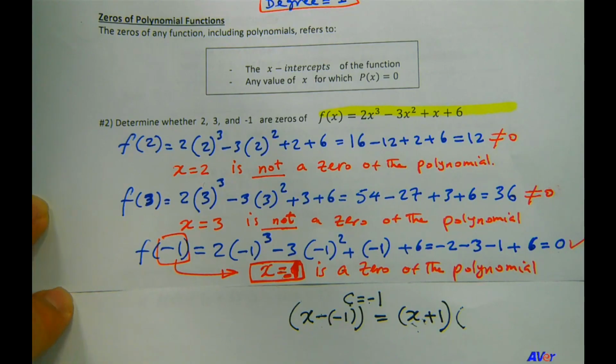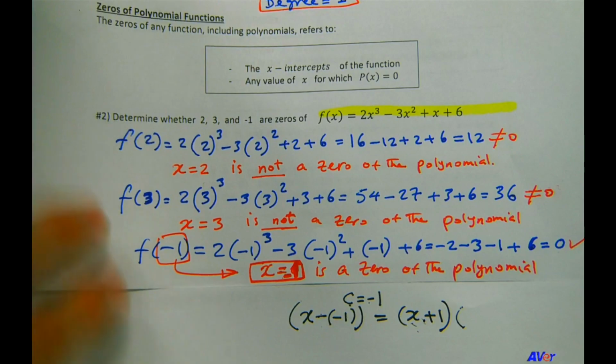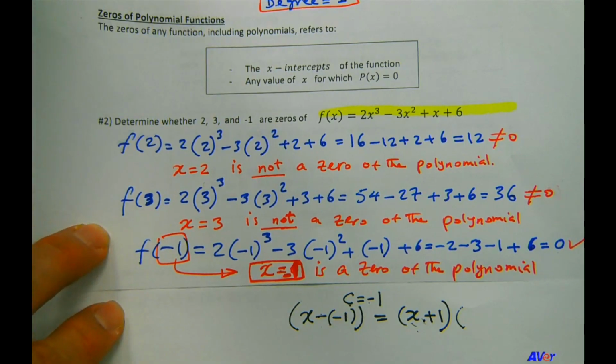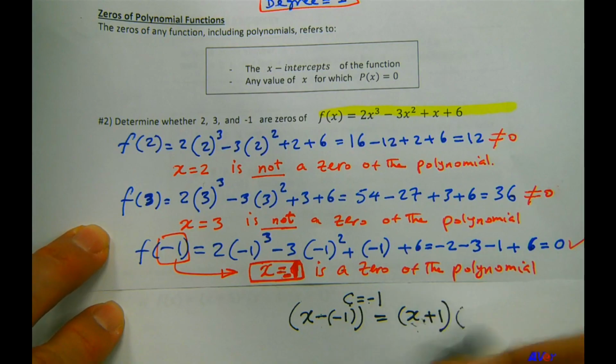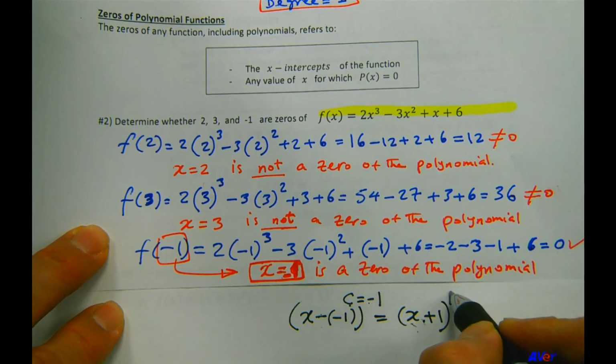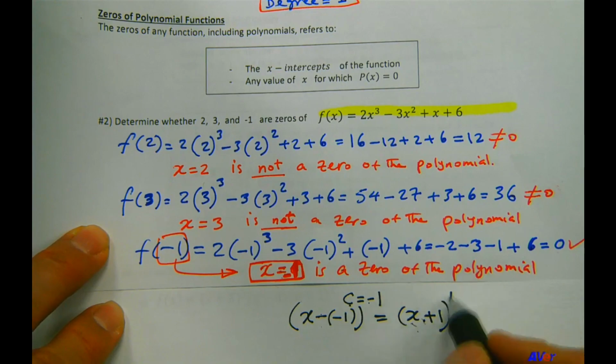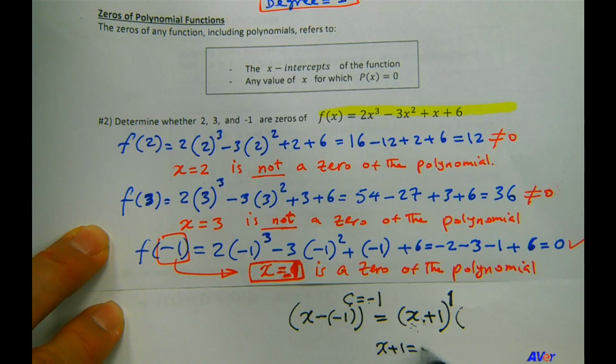Okay? And the other topic we looked at was the multiplicity. So the multiplicity of this factor is 1, because this factor has power 1. If you set x plus 1 equal to 0, then x equals -1.